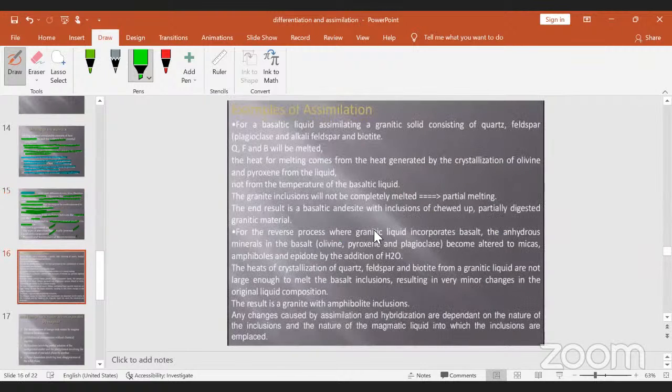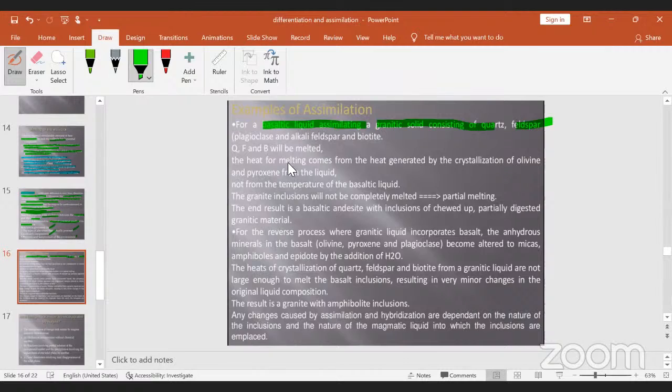And examples of assimilation. For the first one, basaltic liquid assimilating a granitic solid consisting of quartz, feldspar, plagioclase and alkali feldspar, and also biotite, right? So those will be melted.